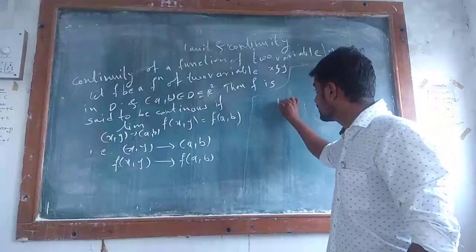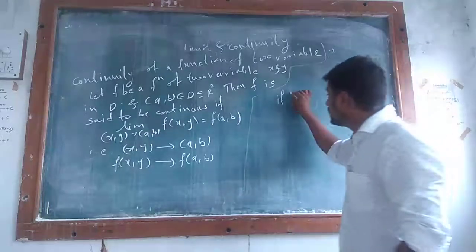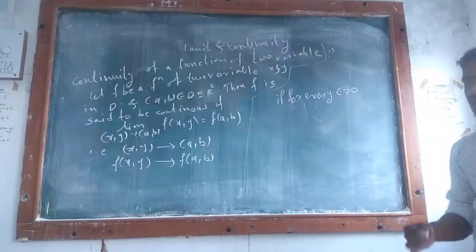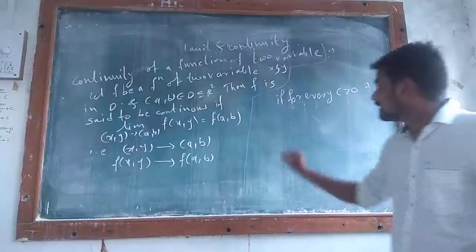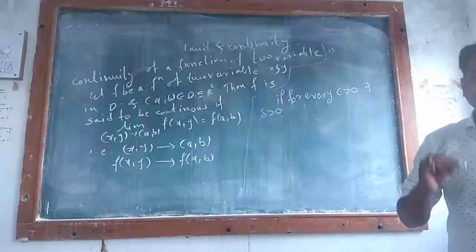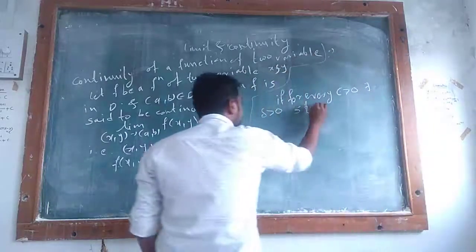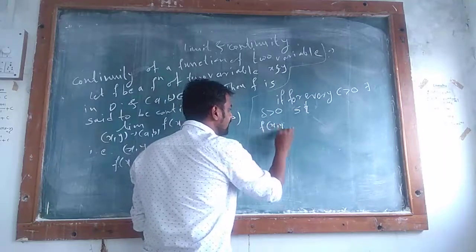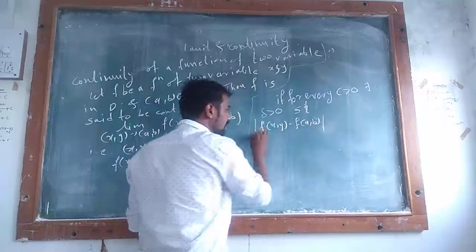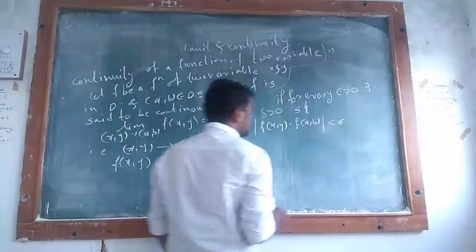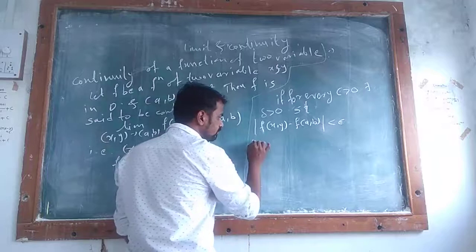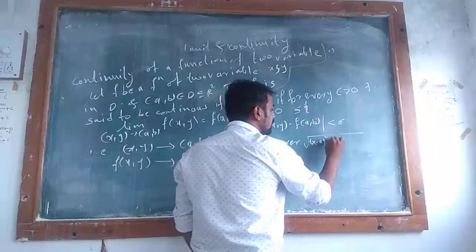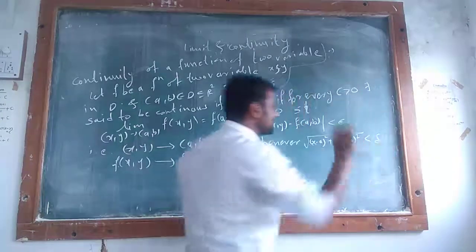Then f is said to be continuous if for every epsilon greater than 0 there exists a corresponding delta greater than 0 such that the modulus of f of (x, y) minus f of (a, b) is less than epsilon whenever the square root of (x minus a) square plus (y minus b) square is less than delta.